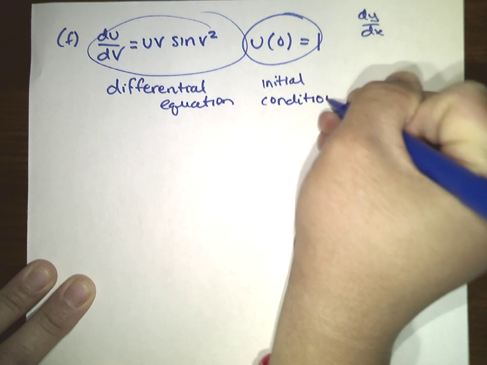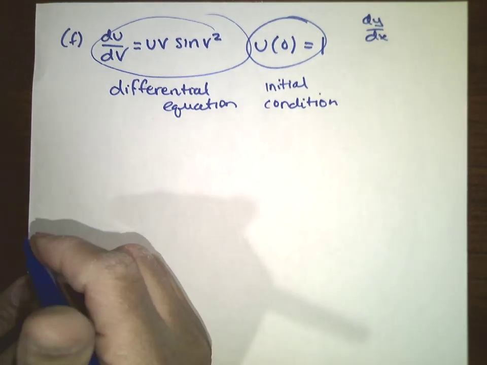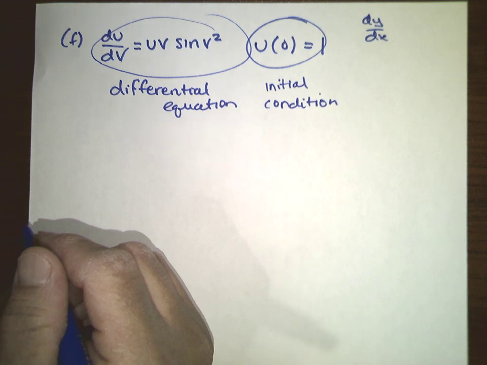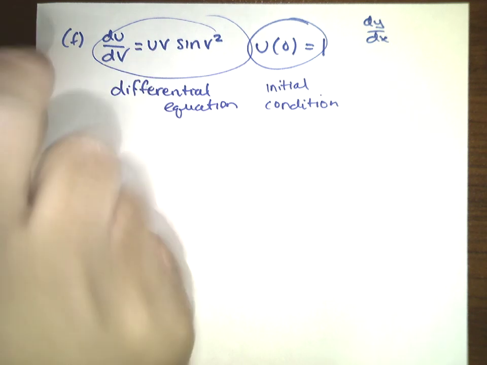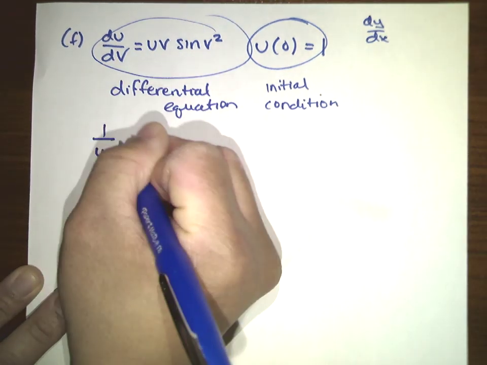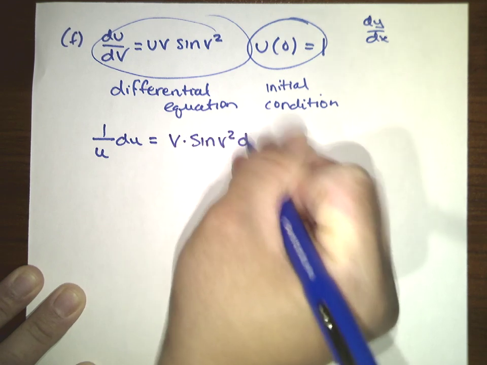And I see here that I can go ahead and try to get all of the U's on one side and all of the V's on the other side. All right, so I can do that by just dividing by U and multiplying by dV. So I have 1 over U du is V times sine of V squared dV.